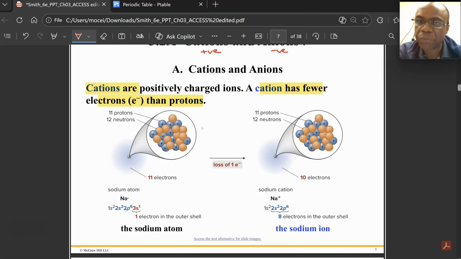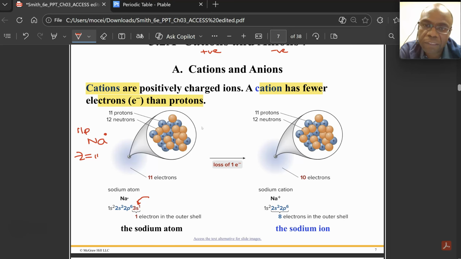I explained to you that before losing an electron, the valence electron, this 3s1 electron from the valence shell, sodium has 11 protons. The atomic number Z is 11.